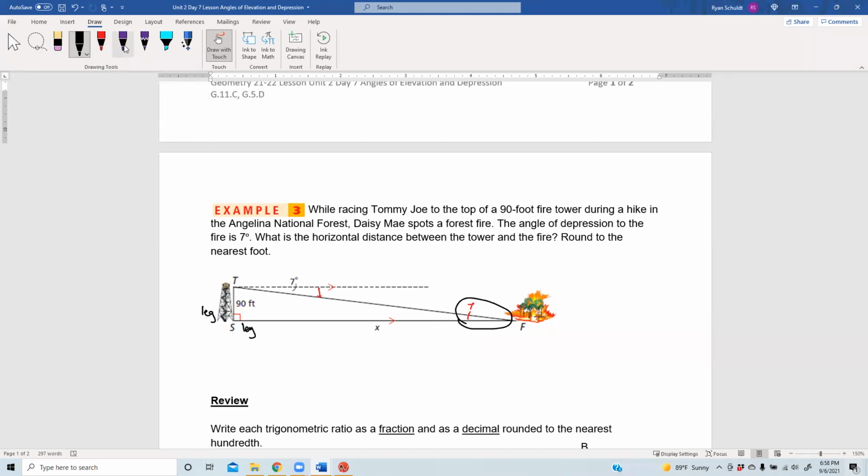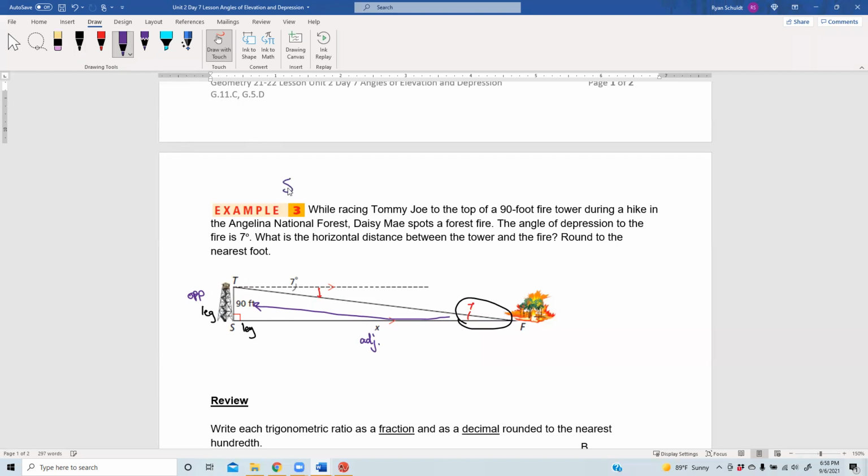Now, how are the legs positioned to the angle that's given? Well, the 90 feet, that one's all the way across from it. So this is going to be opposite. The x is next to our angle, so it's adjacent.